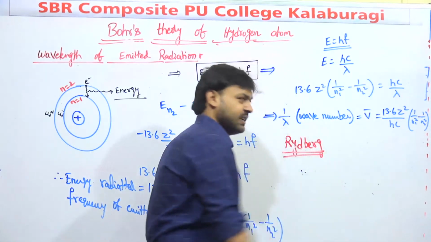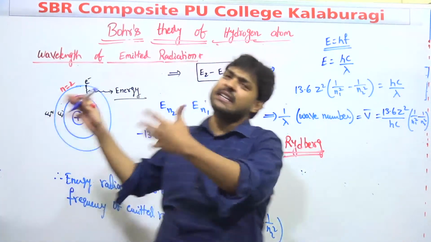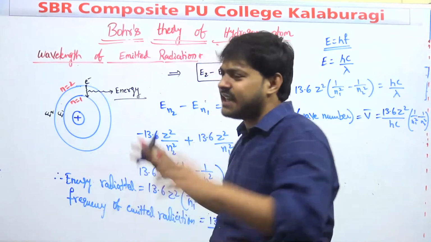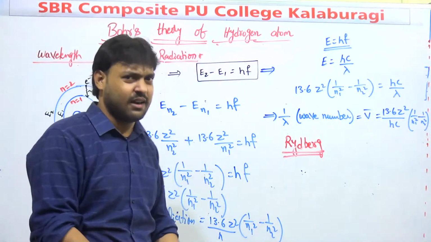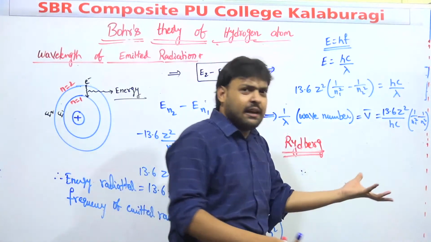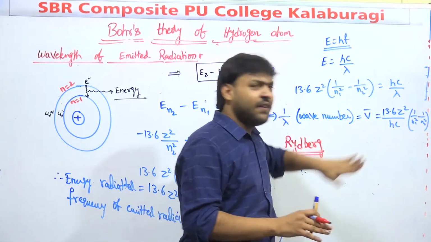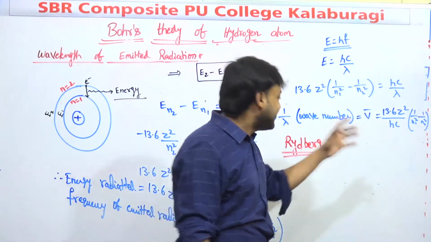He did experiments on the same topic, but not in the same manner, on atoms, nuclei and the electrons revolving around them. Finally he got the relation for wave number, which is exactly equal to this.